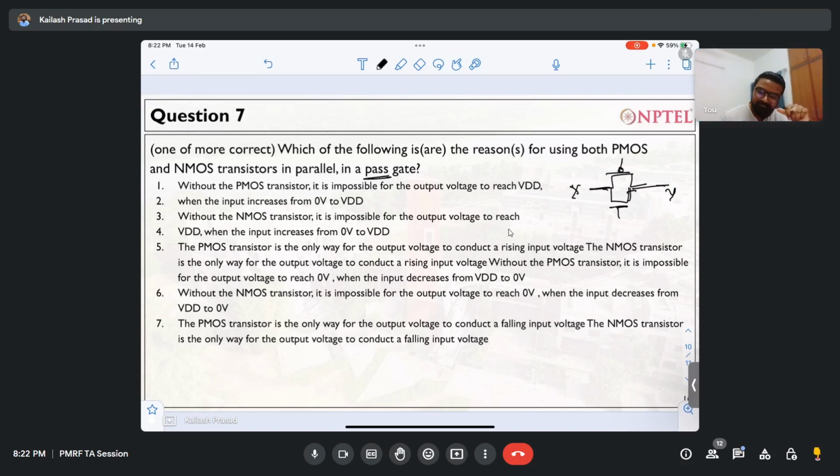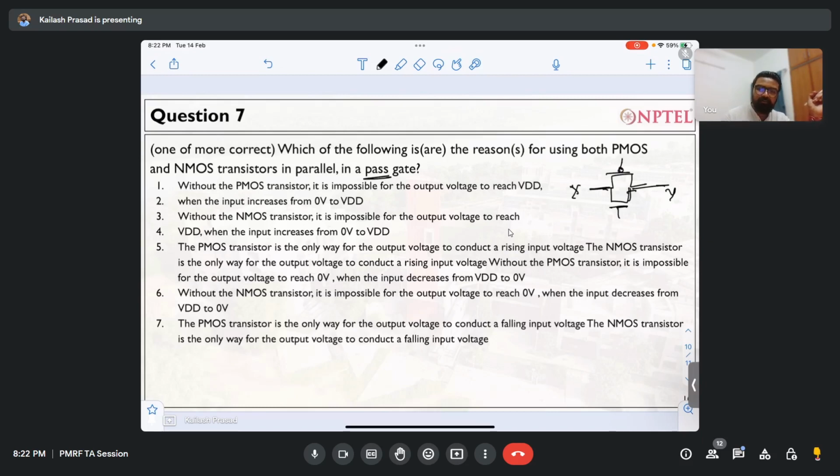Both are connected in this fashion to completely pass logic zero or logic one. If the input is high, then to pass it to the output side we require the PMOS, and when it is zero, then we require the NMOS.